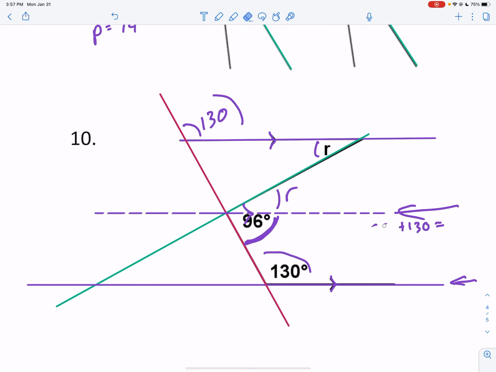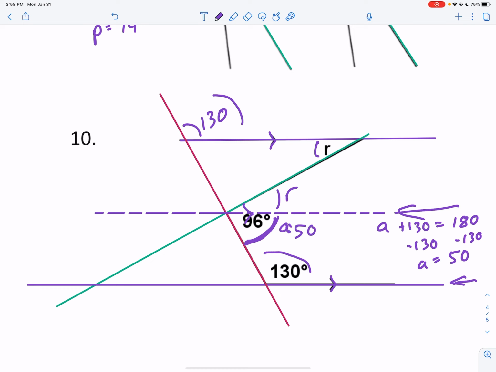We've got to call it like A or something. I keep doing that. We've got to call this like A. This part, because this whole thing is 96. This part is something we don't know yet. So A, let's just use a letter for it. A plus 130 is equal to 180. Subtract 130. A is equal to 50.